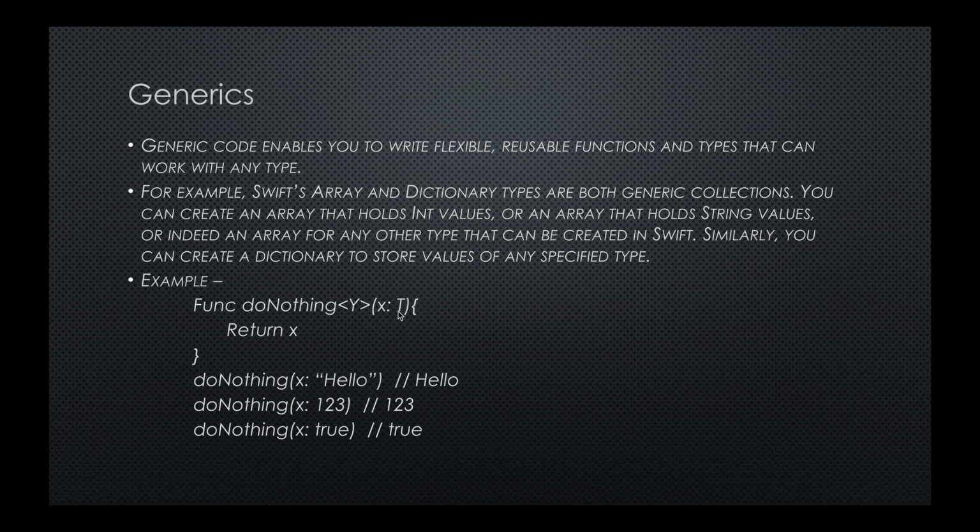So instead of T, if you don't make it generic, instead of T you will be writing string or int or bool, and then you will not have this generic thing over here. So if you want to make it generic, you will have to provide this kind of structure, and then this function like doNothing can accept anything. Like it can accept string, integer, and boolean, and you can do whatever you want to do with that.